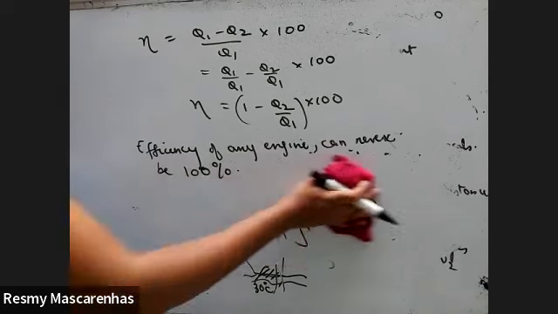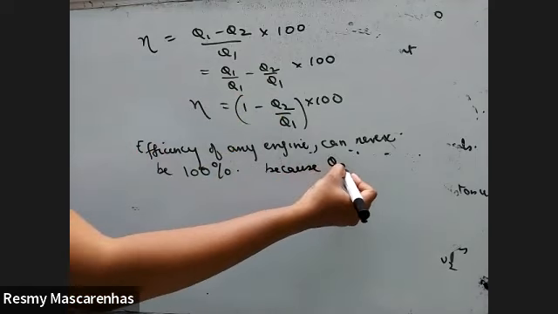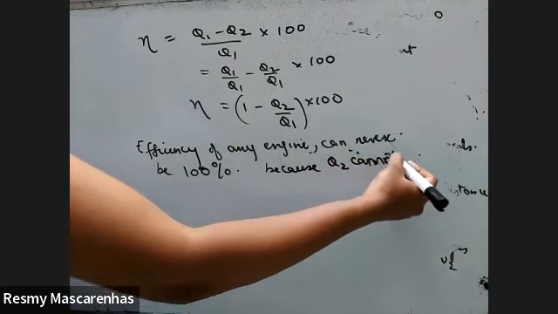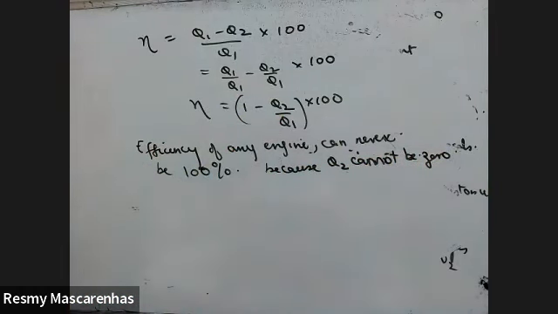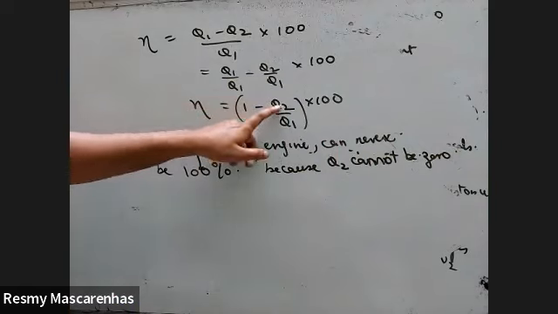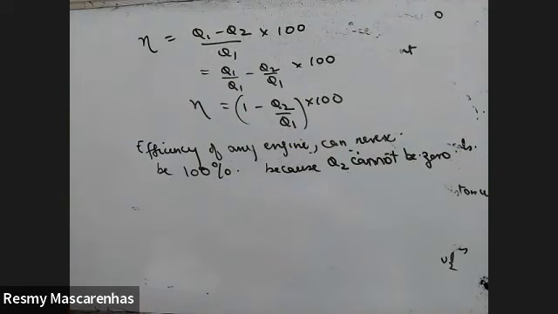So basically Q2 cannot be 0. If Q2 is not 0, something will get subtracted from 1 and it will become less than 100. Okay, similar logic, we'll see how the refrigerator works.